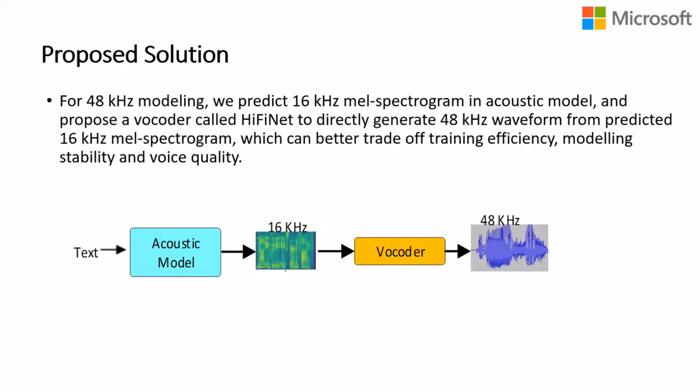So the HiFiNet vocoder is an internal model, and we have a public blog to introduce its structure and the quality. We didn't publish a paper related to it, and basically it's based on a discriminator, and in our internal test for different languages and different voices, it's performing pretty good.